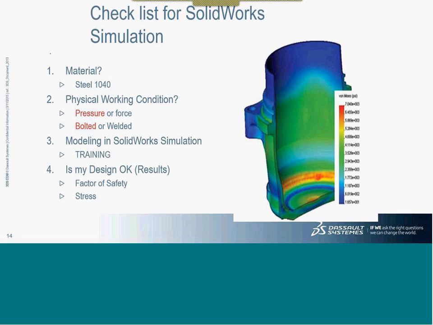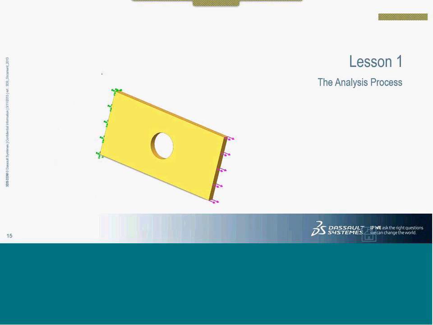We need to understand which results we need to see, and under which criteria we are going to accept or reject them. We have to decide if the part is going to fail or succeed. So all things need to be decided beforehand, before we jump into the analysis. This can be called a checklist for simulation. We will go into this in the lesson.